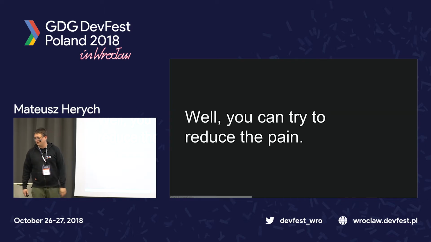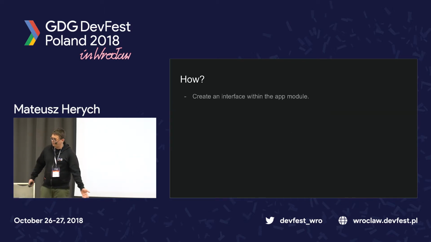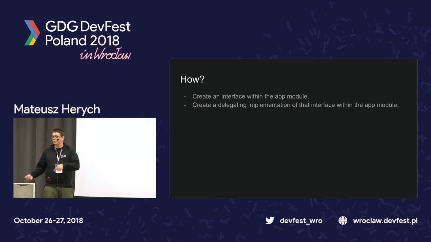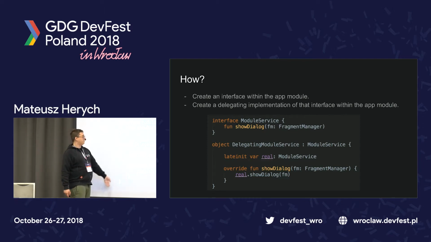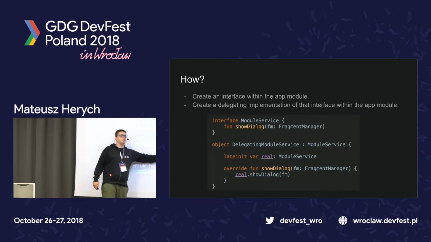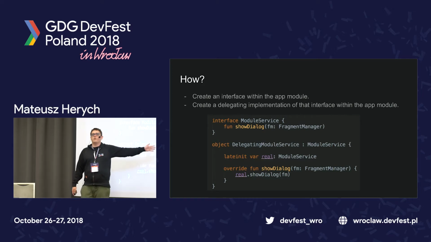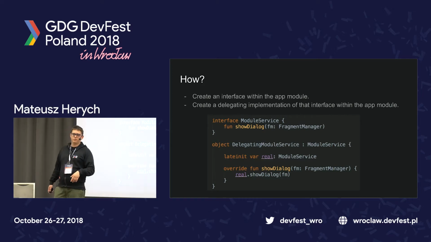You can try to reduce the pain: create an interface within the app module, and create a delegating implementation of that interface within the app module. This is our app module, and that's a proof of concept, as I call it. That's the app module where you set your real instance somewhere here after the module gets initialized.